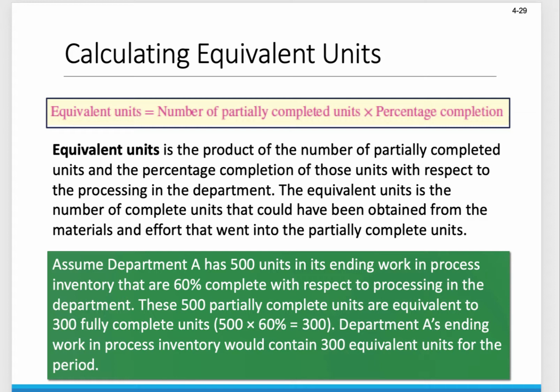So if we had 10,000 units that were 70% completed, the 10,000 units that are 70% complete are equivalent to 7,000 completed units. That's really all we're saying.